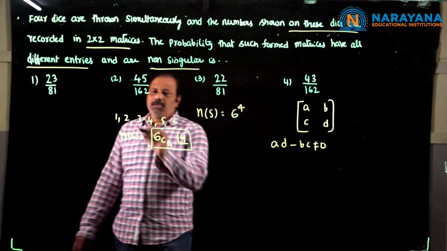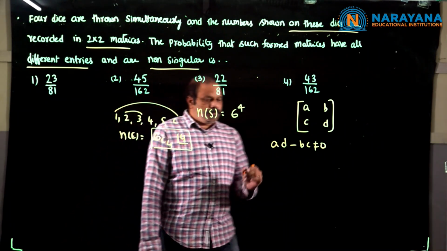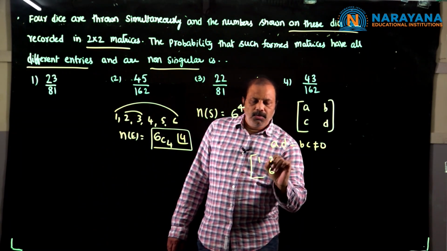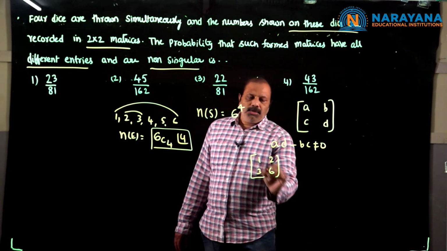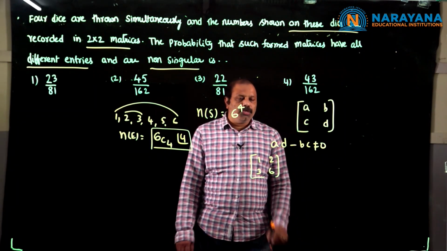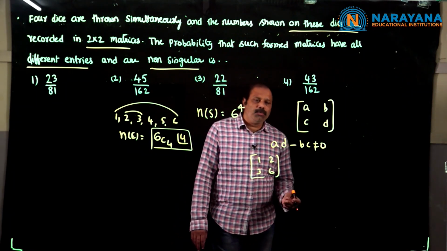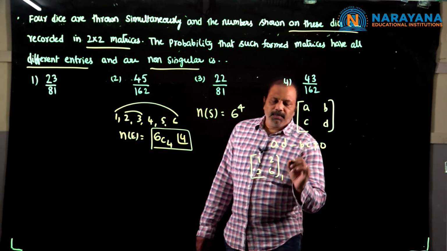The possible products: 1 into 6 minus 2 into 3. Suppose I keep 1, 6, 2, 3. Here 6 minus 6 will be equal to 0. Therefore, it is a singular matrix. Instead of counting non-singular matrices, let us count singular matrices. Later, we will subtract these.